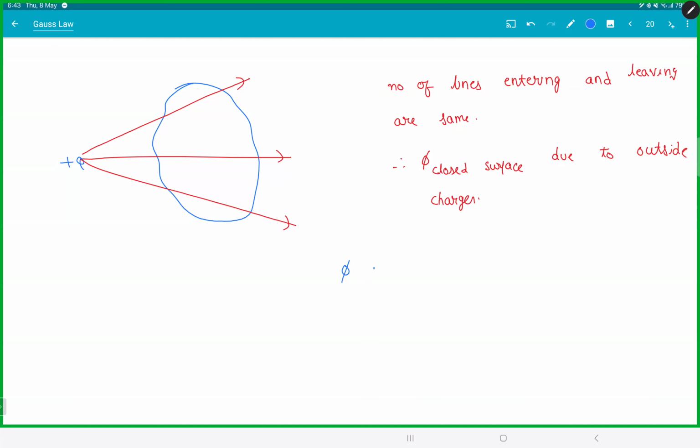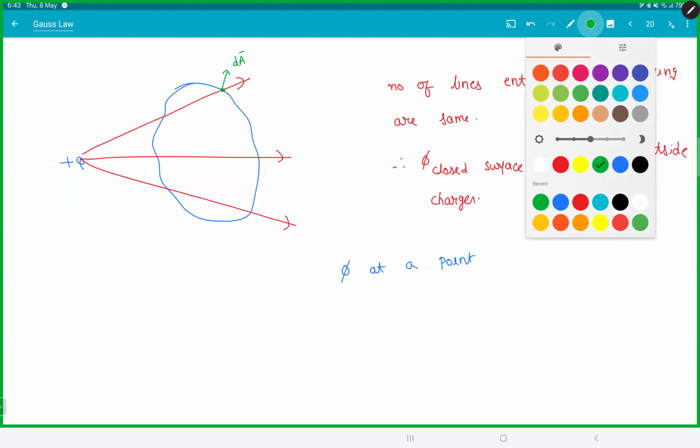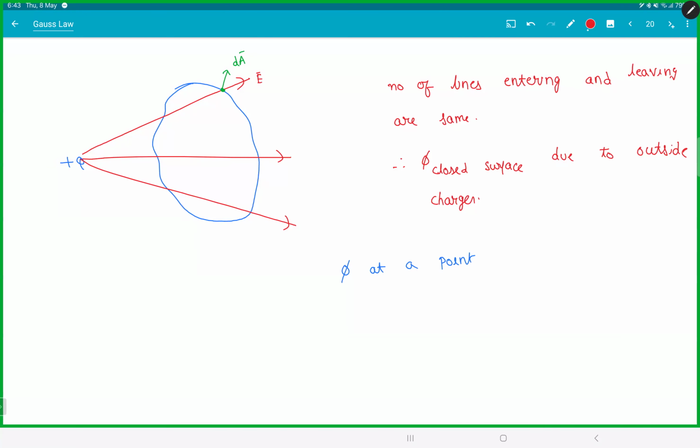So if you take flux at a point, now look at this. If you consider this point here, this will be dA bar. This will be the field vector. You can clearly see the angle between them is acute. So therefore, flux is positive. If you look at this point here, this is dA bar.